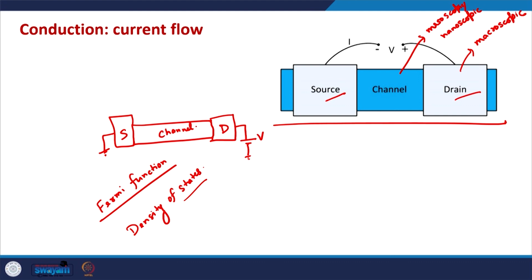So, we need to see how many electrons can exist in the channel and how they are distributed in the channel, and that is defined by the idea of density of states. This idea of density of states basically captures the allowed electronic states in the channel, how many states there are, and what the bands and band gaps in the channel are, and this is what we will discuss in our next class.